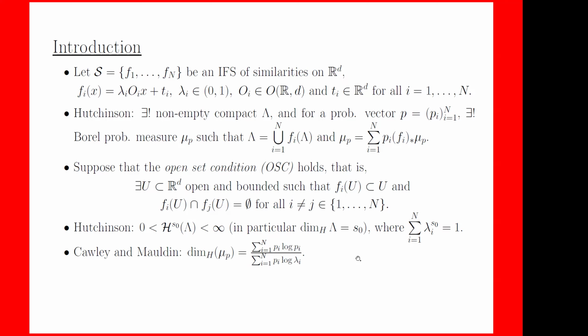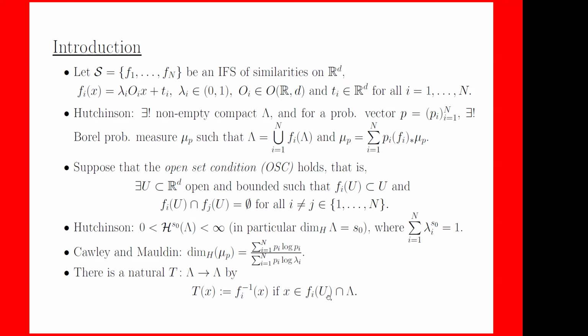If you have such a self-similar set, then there is a natural dynamic in the background. Namely, you can define naturally an expanding dynamical system on the self-similar set as follows. If you have a point x which comes from F_i(Λ), then apply on x the inverse of this F_i.